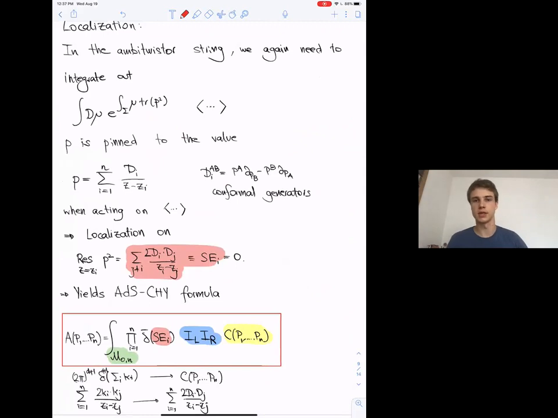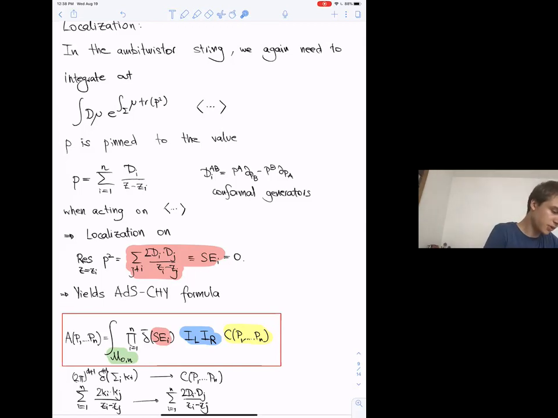And the other important part of the CHY formula was this localization on the scattering equations. The way we saw it before is by integrating out this Beltrami differential that acted as a Lagrange multiplier of this spin 2 field, this trace p squared that we want to gauge.